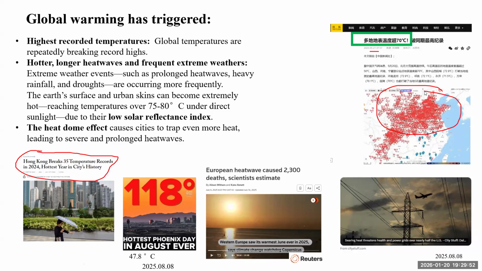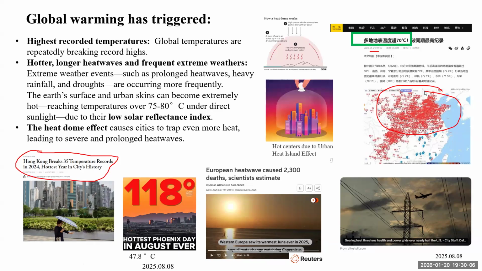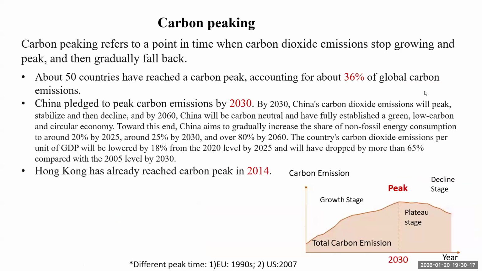It's like being steamed, I think, how to say, the feeling. So we couldn't walk outside for more than 3 or 5 minutes. It's really, really hot. And even the heat dome effect causes our cities to be even hotter centers.